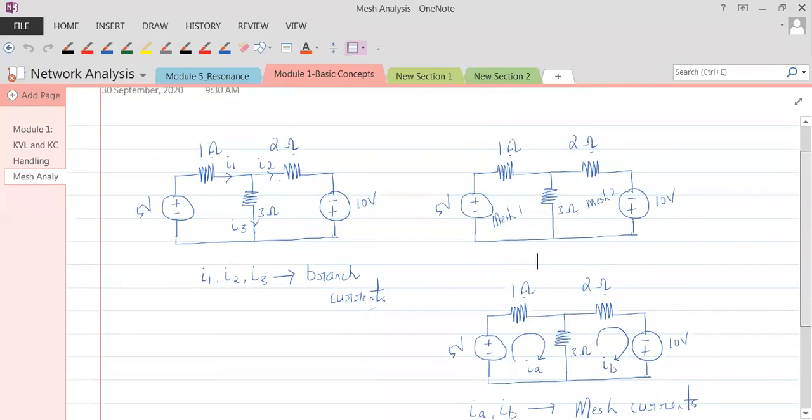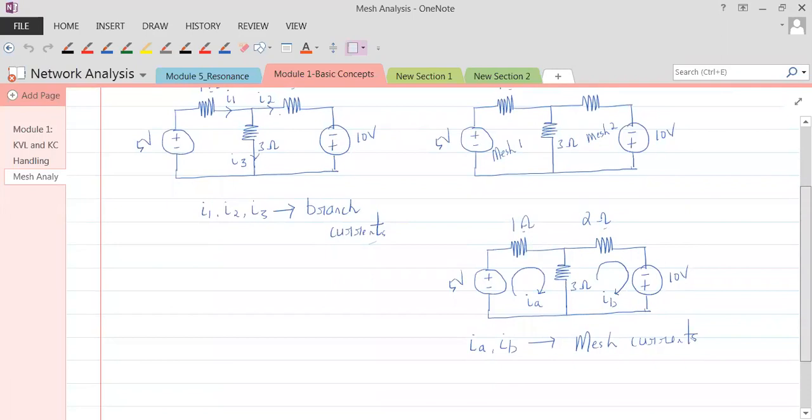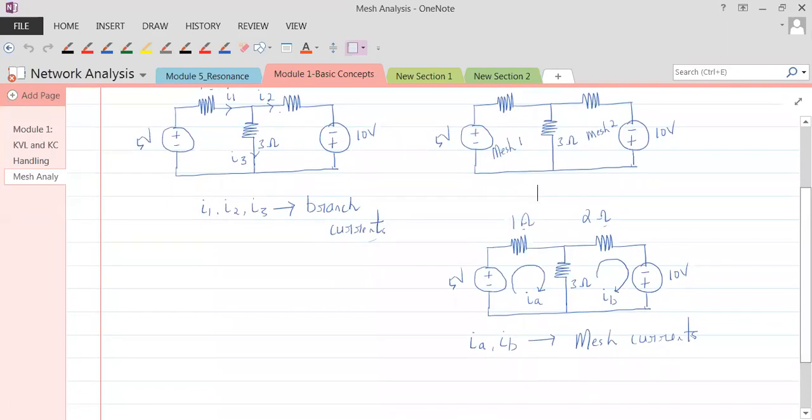Now, why is this mesh analysis important? We have to see now. Why mesh analysis? Understand this.